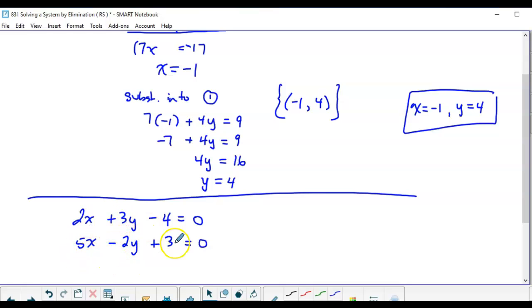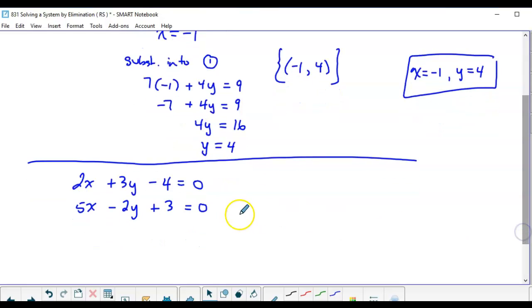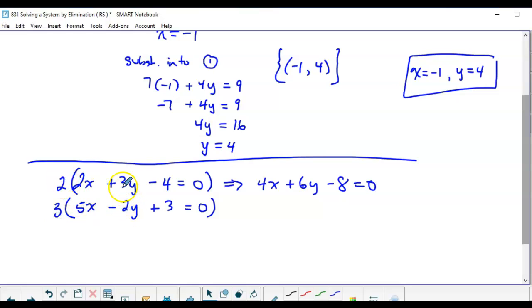Sometimes you're going to have to multiply both equations. In this case, it's kind of like, what's the lowest common denominator of 3 and 2? It's 6. So I'd want to multiply this equation by 2 and this equation by 3. So basically by the other coefficient. Don't worry about the signs because you can either add or subtract.